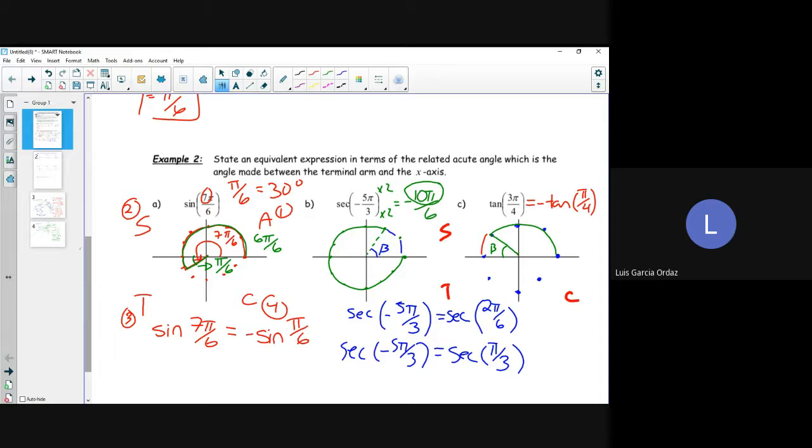So this is 0 degrees, 45 degrees, 90 degrees, 135 degrees, and 180 degrees. For pi over 6, it is in 30-degree intervals. So 0, 30, 60, 90, 120, 150, 180, and you continue the pattern.